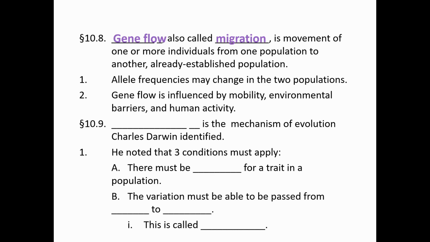Environmental barriers. So let's say we're looking at squirrels living around the Grand Canyon. You might see a difference in squirrels on the north end versus the south end of the Grand Canyon, simply because they cannot go down the canyon and cross it and come back up the other side. So that would be an environmental barrier where they just cannot get from one side of the canyon to the other.